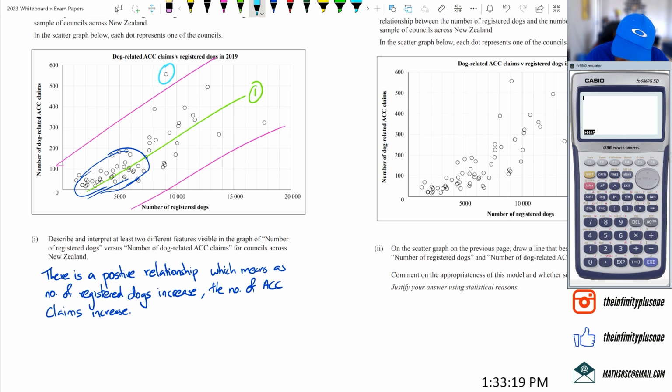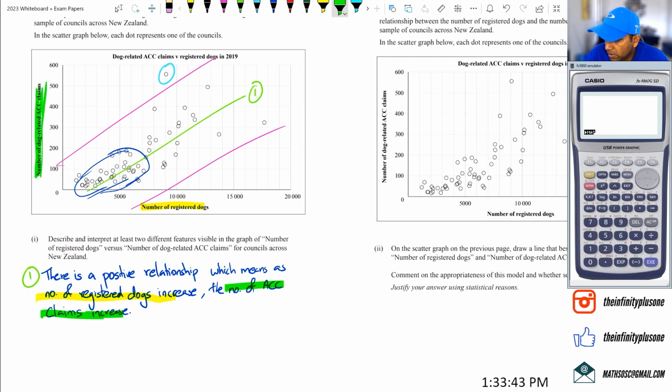So the first point that I'm talking about is number 1, which is that green line. It's a positive relationship, which means as the number of registered dogs increases, the number of dog-related ACC claims increases as well. So that's describing that positive relationship.